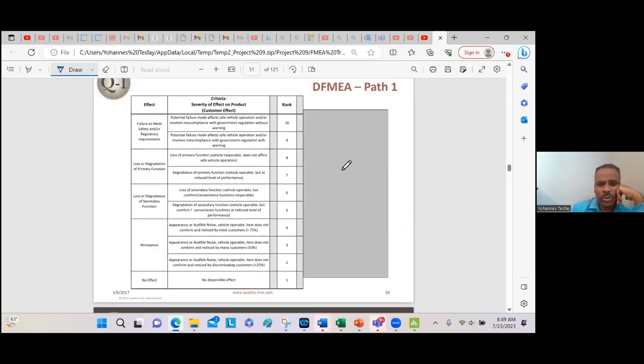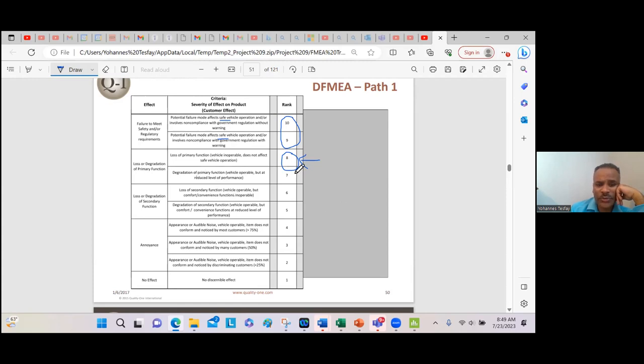This is a score. Okay, so 10 is given when the failure mode affects safety, safety without any warning. Safety with a little bit of warning gets the next one. 8 is more on functionality. Okay, primary function.